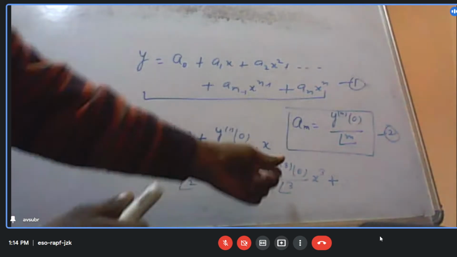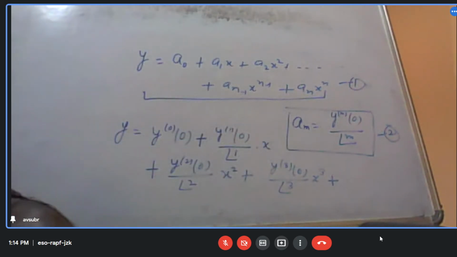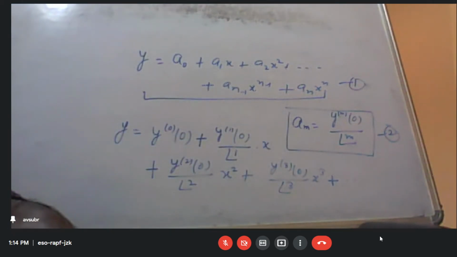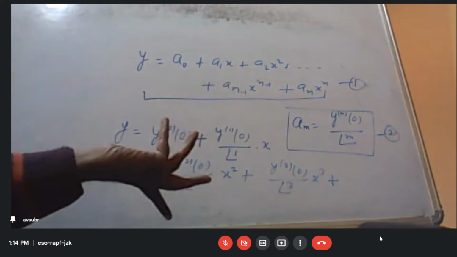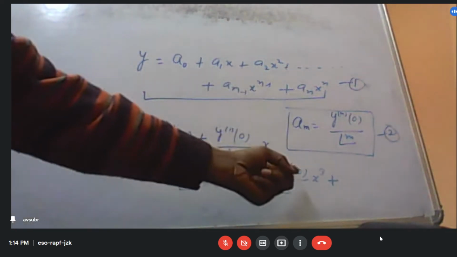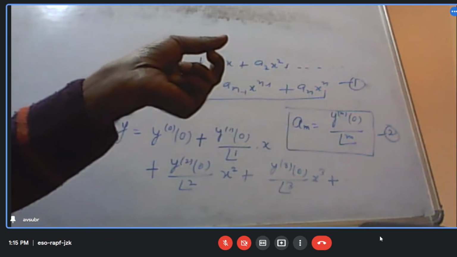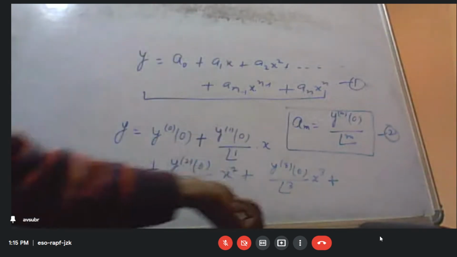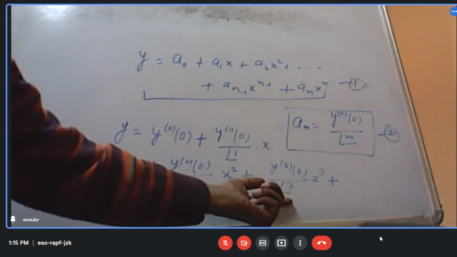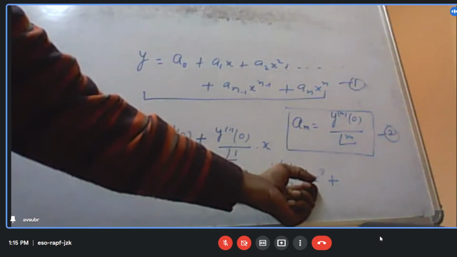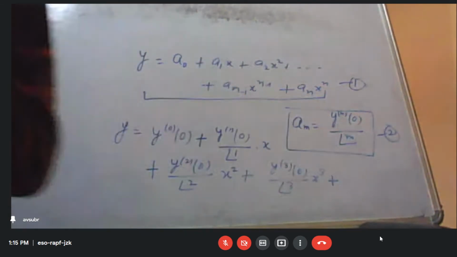So what will be the nth one? yn at 0 by n factorial into x to the power n. Here n represents the nth derivative, divided by factorial n, into x to the power n.